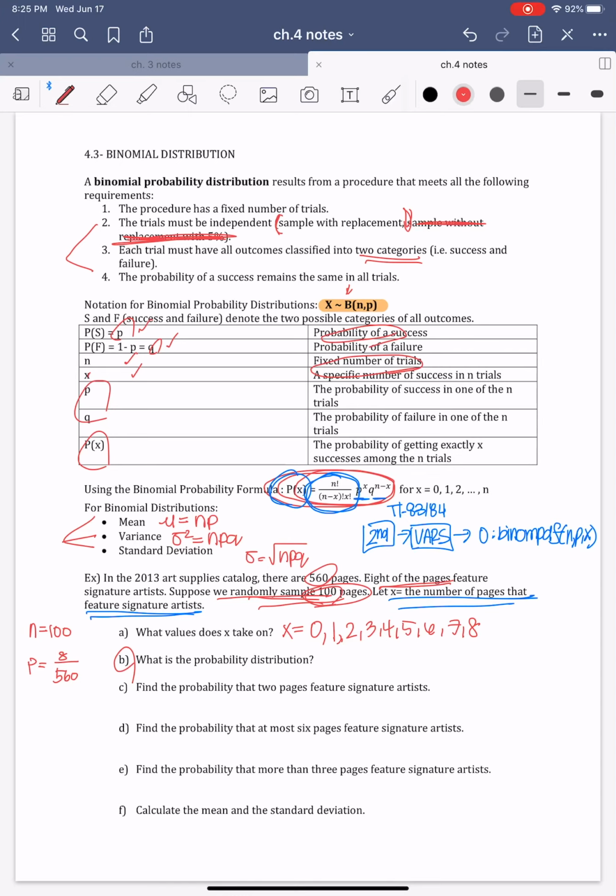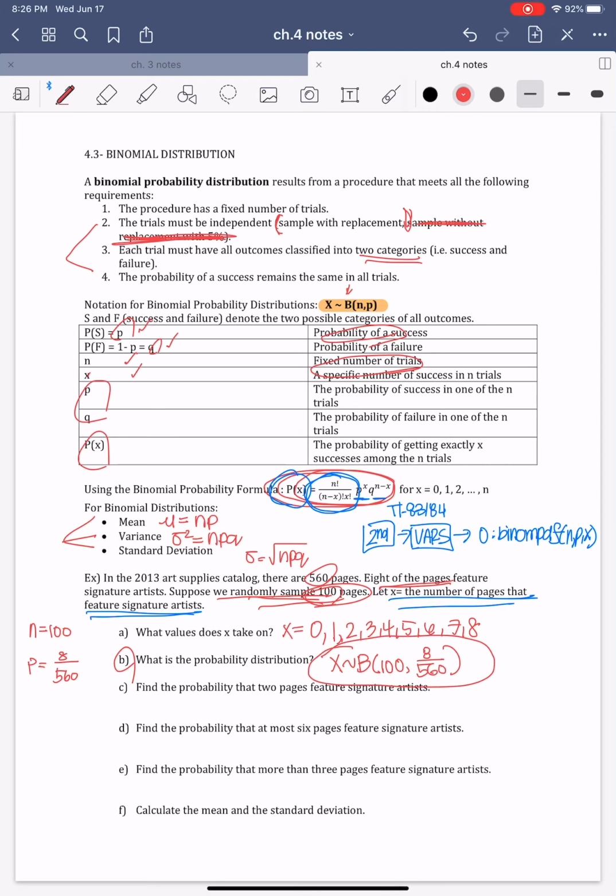So it is a binomial, and I write down: this is a binomial distribution with n comma p, a fixed number of trials 100, and the probability of a feature signature artist each time is 8 out of 560.